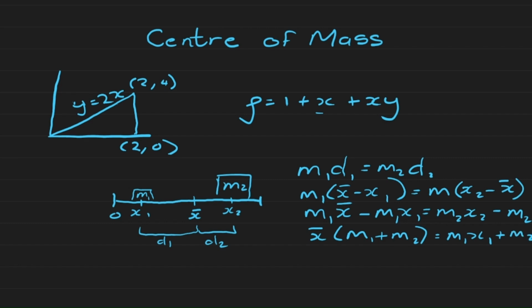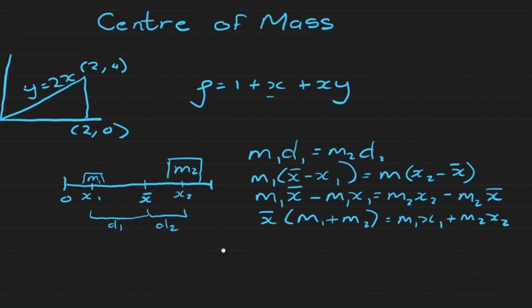Solving for x bar, we get x bar equals (m1 x1 plus m2 x2) divided by (m1 plus m2).